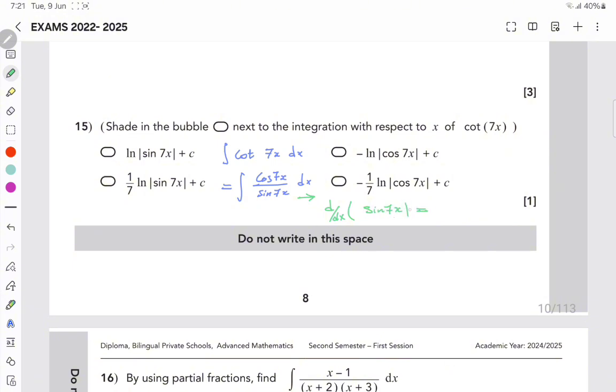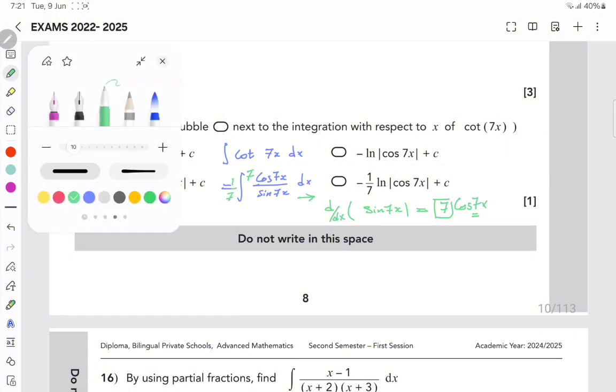Using the rule of differentiation from first semester, the differentiation of sine will be cosine 7x, and we multiply by the coefficient of x inside, which will be what? 7. So compare that with the numerator. I have cosine 7x, but I don't have 7. So to complete the derivative, we multiply by 7 and divide outside by multiplying by 1 over 7.